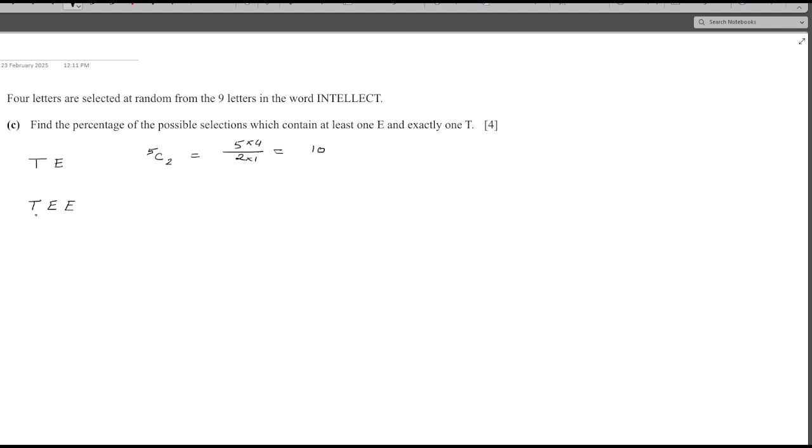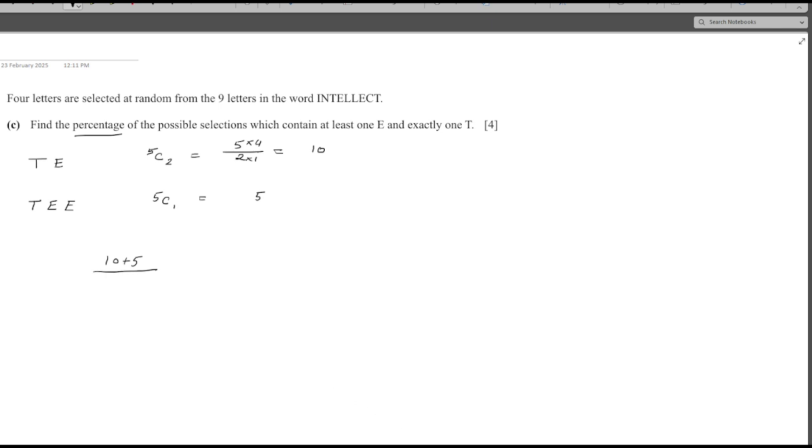When I select 1T and 2E, then from 5 I have to select only one, and that can be done in one way only. Now I have to find out the percentage of possible selections which contain at least one E and exactly one T. So your probability of doing that is 10 plus 5 divided by, now you are selecting 4 alphabets.